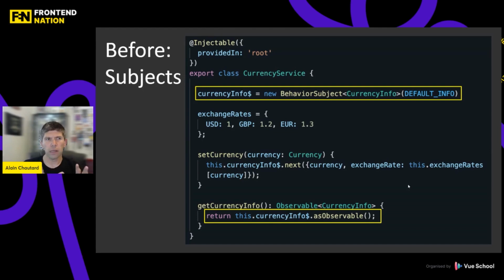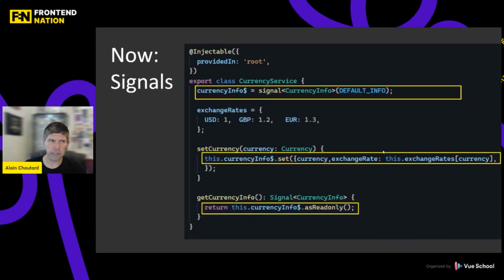But if there's just one place where you can start using signals, it's as a replacement of your subjects. So if you had a service like this one, for instance, where you have a behavior subject with a default value, and you would expose that subject as a read-only observable, doing the equivalent with a signal looks like this, where you create a signal of that same data.